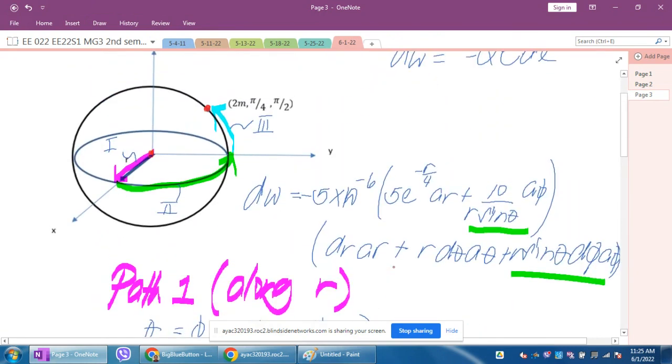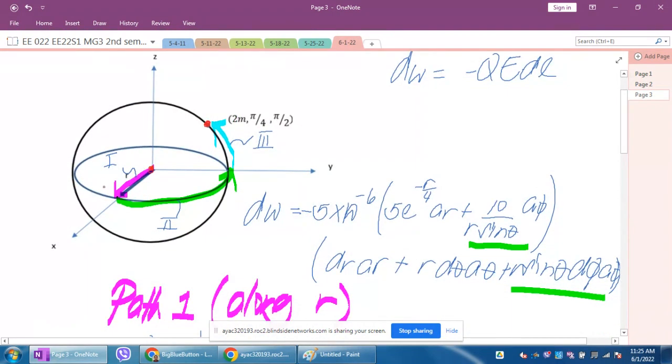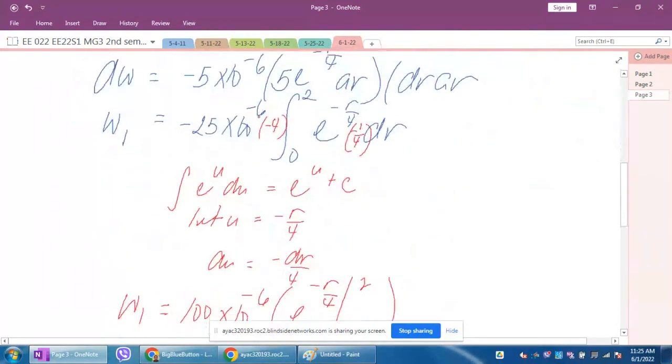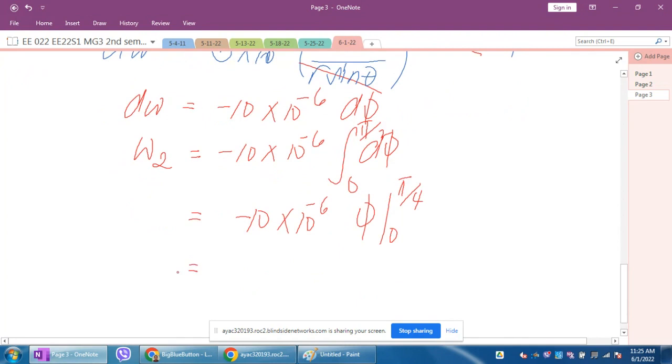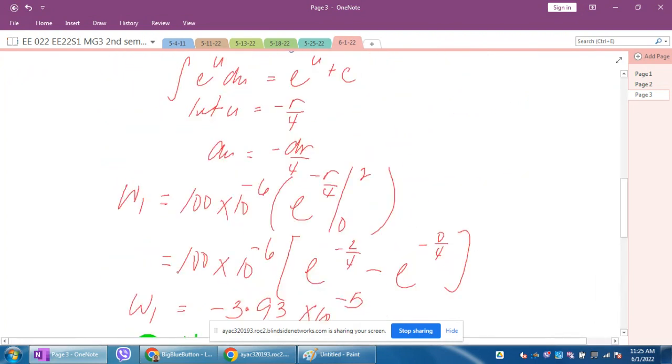So, ang value ng p natin is what? Ito po, value ng p is pi over 4, from 0 to pi over 4. So therefore, I have here negative 10 times 10 raised to negative 6, integral of dp is simply p from 0 to pi over 4. So how much is this? Teka, tama ba akong pi over 4?